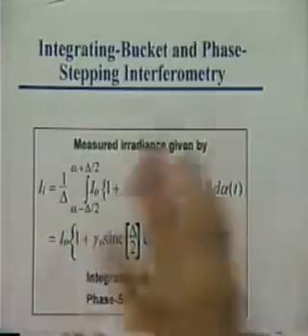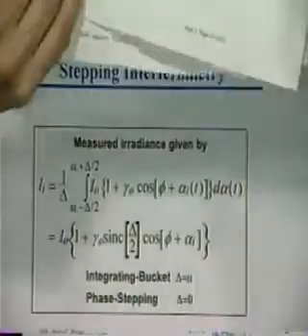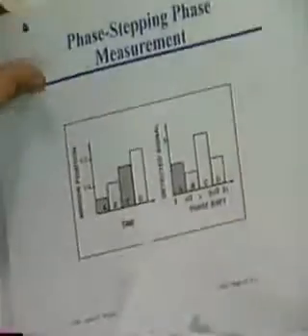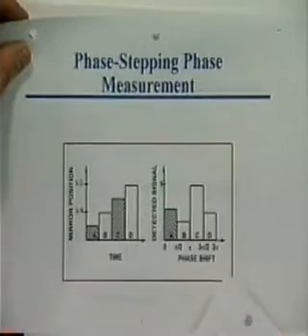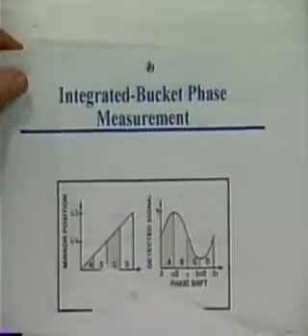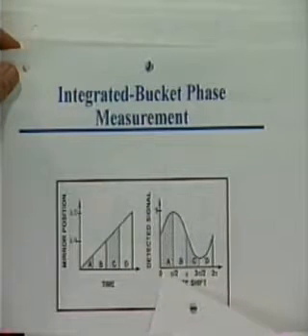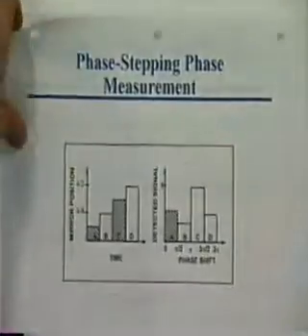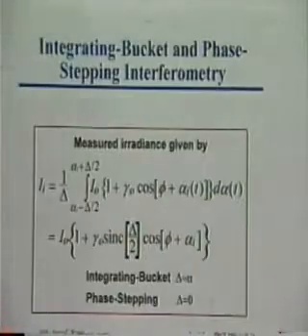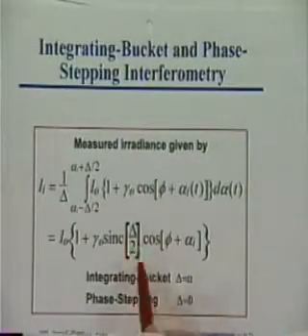So this is saying that whether we step the mirror like this, and so the intensity will change in steps like this, or if we ramp the mirror like this, in which case now we're going to integrate the intensity as the phase changes by 90 degrees, these two methods are equivalent, with the exception that when we ramp the mirror, the contrast of the fringes goes down a little bit.